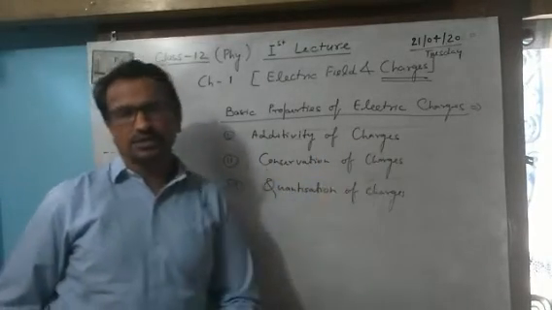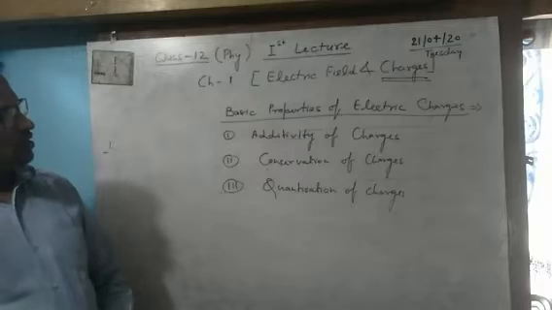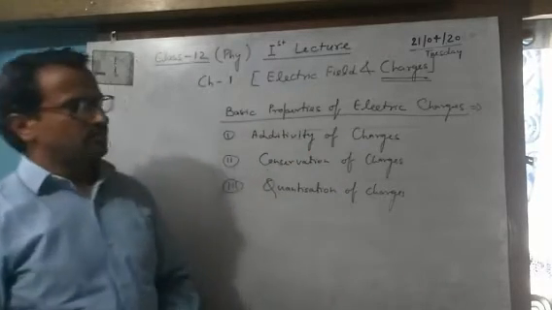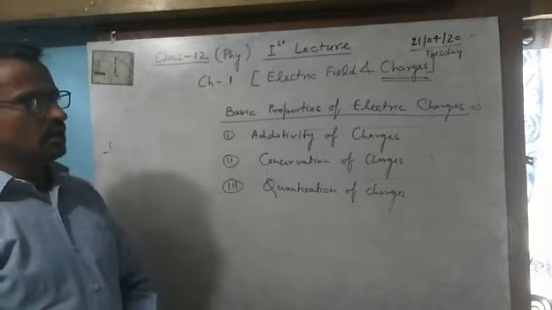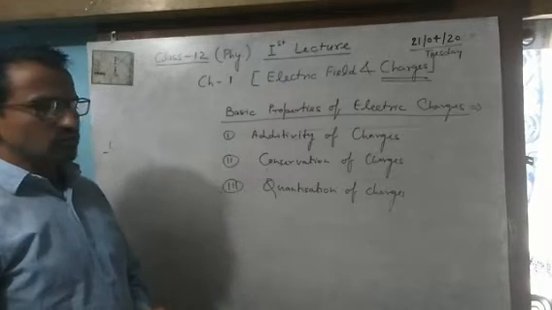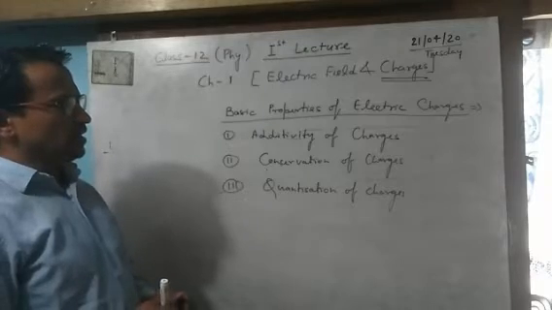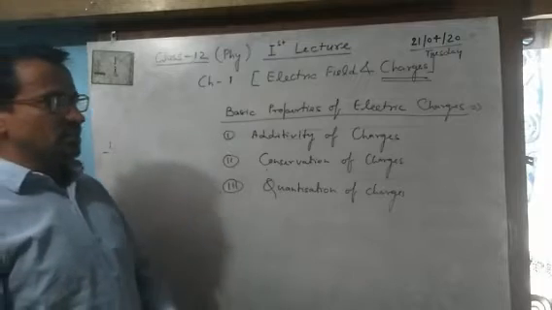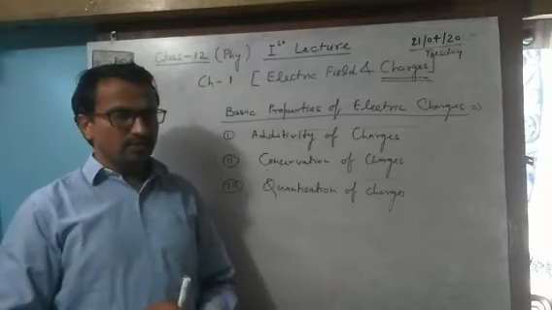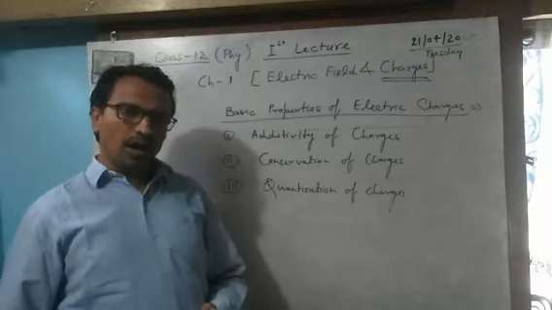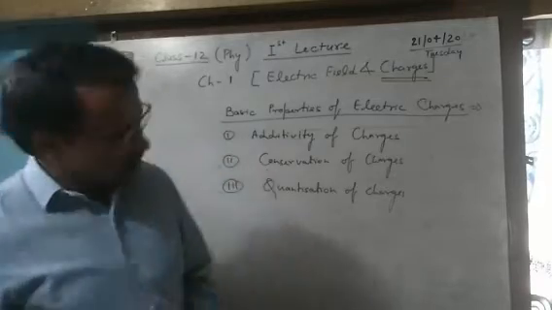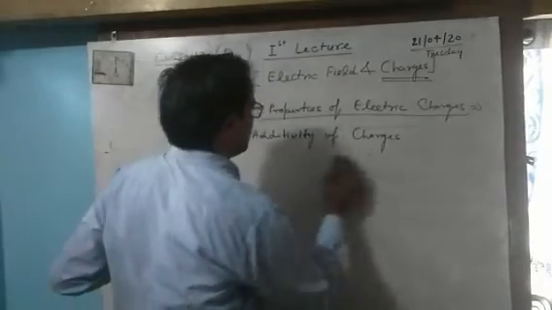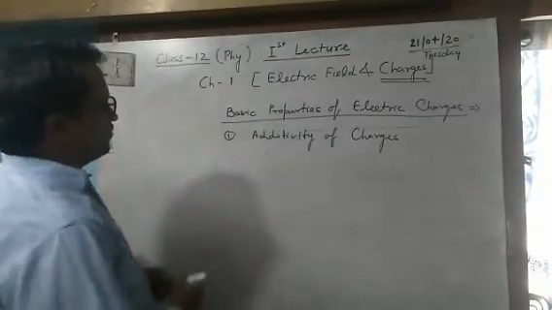Additivity of charges. तो इसमें हम ये देखते हैं कि अगर कोई सिस्टम है, कोई बॉडी है, उसमें so many individual charges आते हैं, then net charge of that system is the algebraic sum of all individual charges. So first we will discuss additivity of charges.